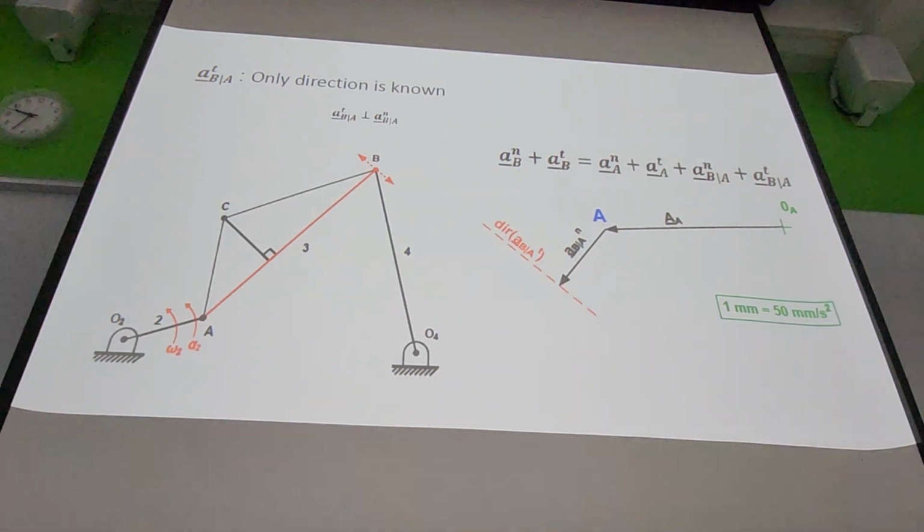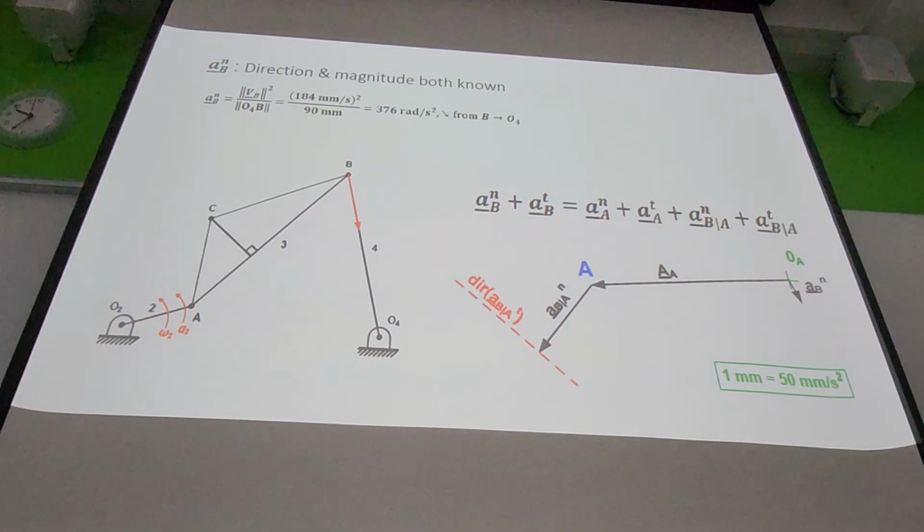Now we move to the horizon, so we draw B normal and B tangent. For B normal, we know the magnitude and direction. The magnitude is VB square by O4B. Velocity B square we know from velocity analysis, so the magnitude of B normal is 376. The direction of B normal will be along the link.